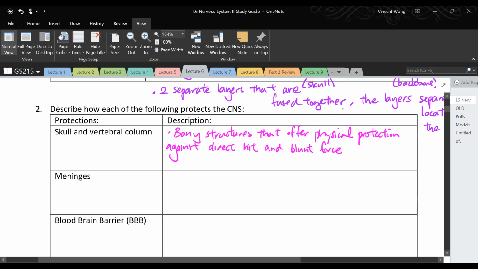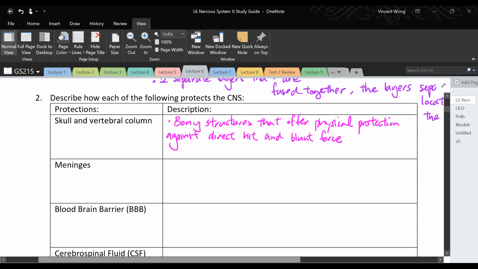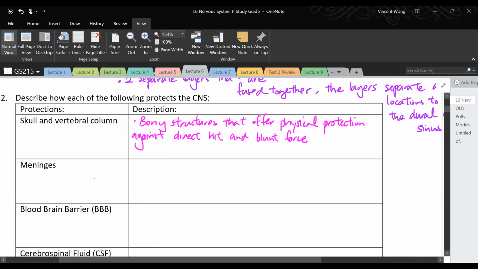Something might fall off the shelf and hit you in the head. That's blunt force, and thank goodness for the skull to protect our brain from getting injured from it. So that's pretty obvious.